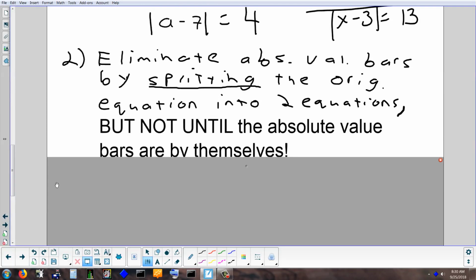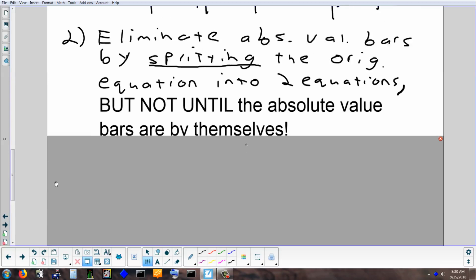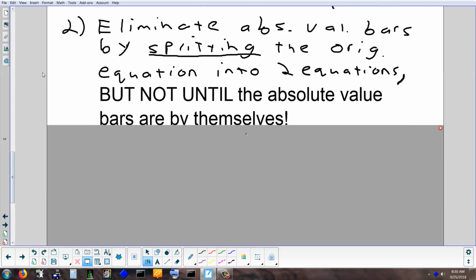All right? But again, we can't do that until the absolute value bars are by themselves. All right? And there's kind of like a little diagram on there, guys. We're going to fill that in just a second. I think it's easier to see it visually as opposed to me trying to write it out and explain it. I think if you see it visually, it'll make a little bit more sense.